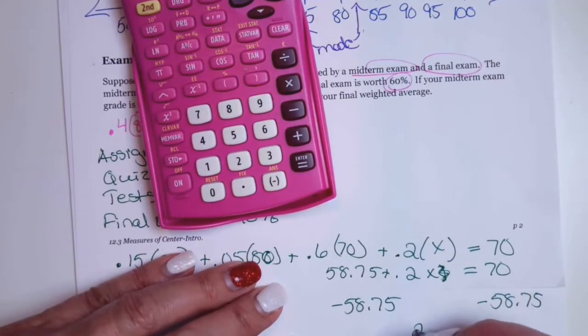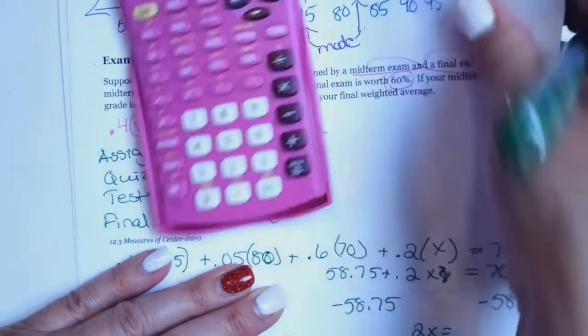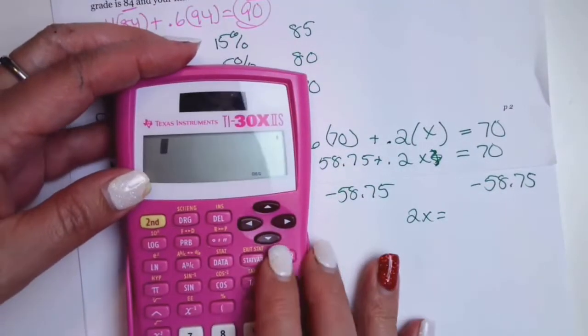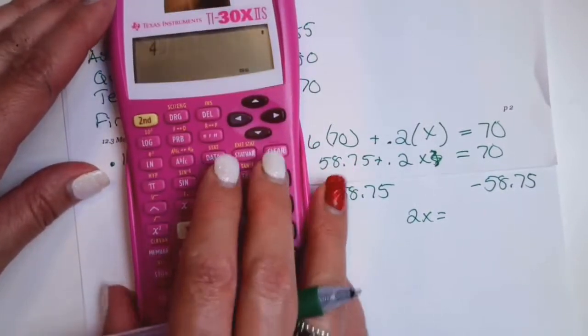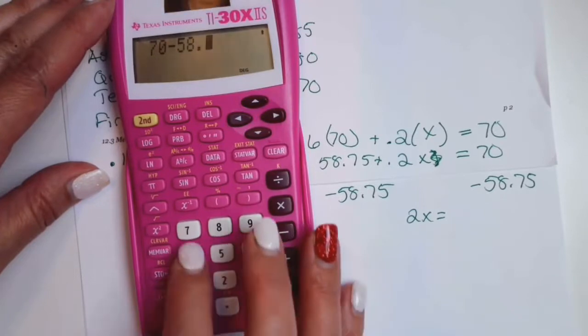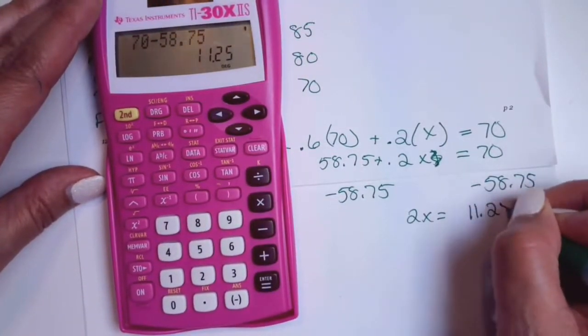And we get 0.2x equals 70 minus 58.75, which is 11.25.